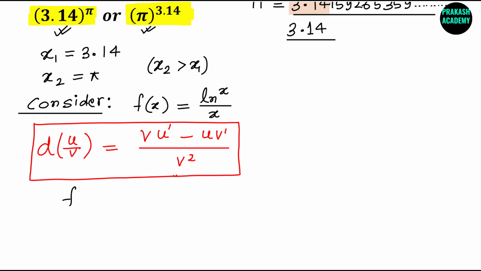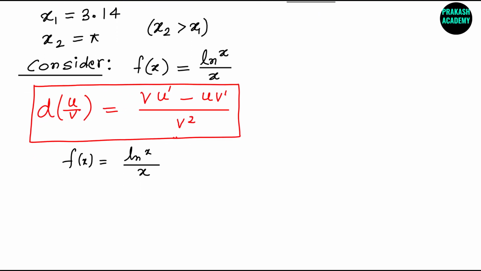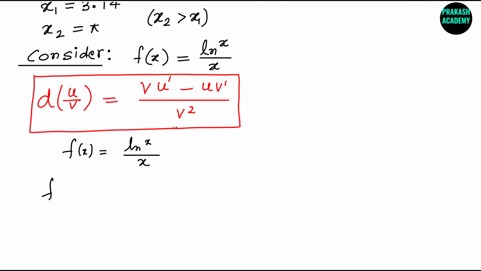So the function is ln x by x. Let us call the derivative f dash x. In this case v is equal to x and u is equal to ln x.